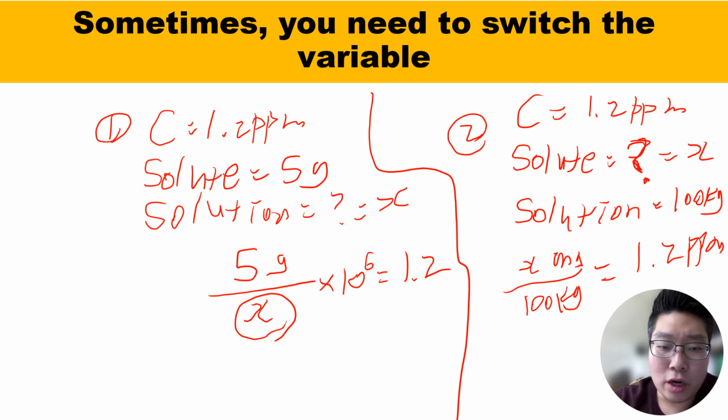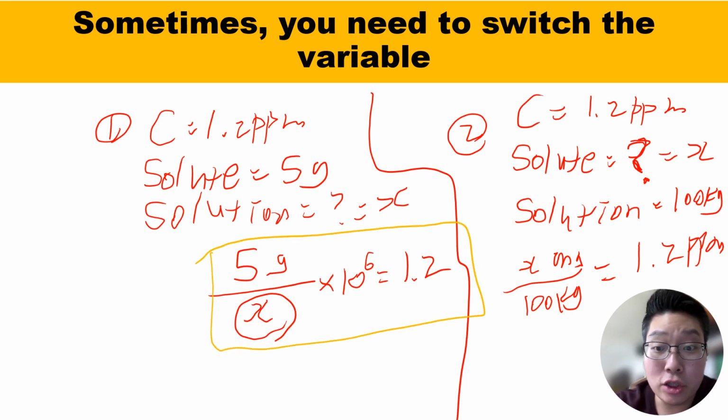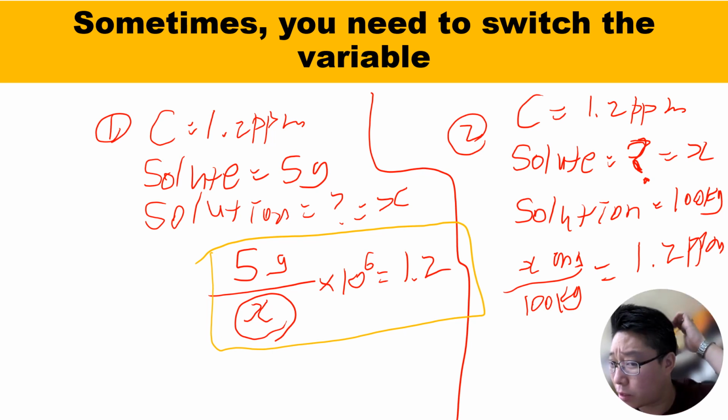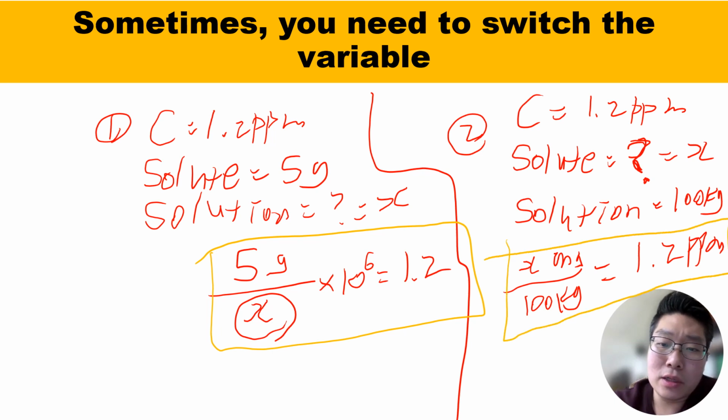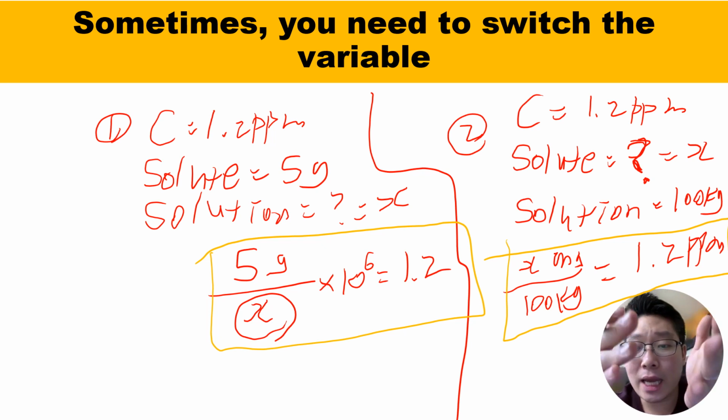Some of you guys who are sharp probably already figured out that I'm using the original formula that we did in the previous one for this number one scenario, because everything is in gram. Although I didn't show it in this video yet, I can use my method, which is comparing milligram and kilogram directly, because milli and kilo.